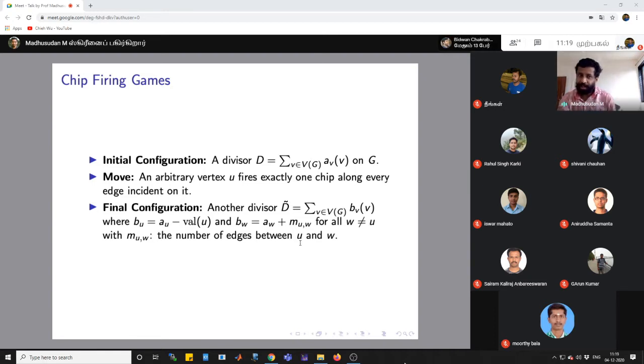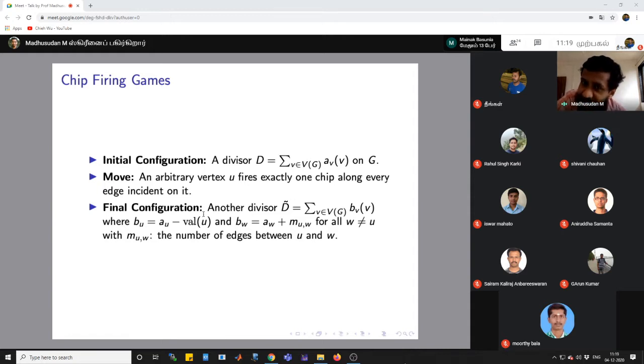Okay. So this is the basic game, and then you repeat this, and you repeat this. By repeating this, you can realize a vertex firing any number of chips, positive or even negative.